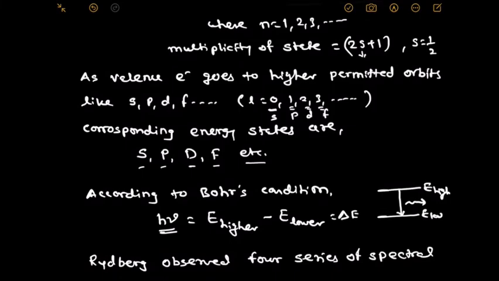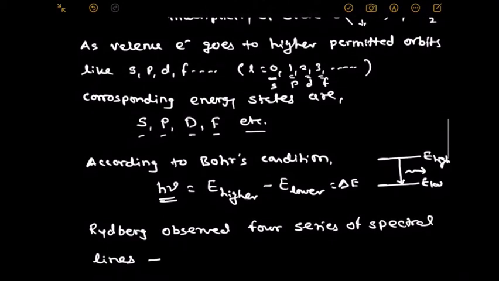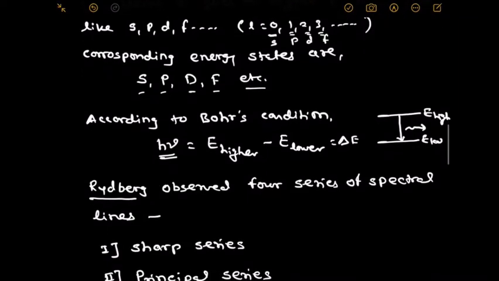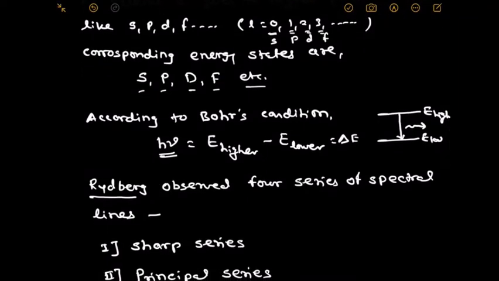Now we note this experimental observation. Rydberg observed the alkali spectra of all elements. He observed that each element shows 4 series of spectral lines. Hence we write here the Rydberg series of the spectral lines. These are 4 series or 4 groups of spectral lines. Which is the first series?